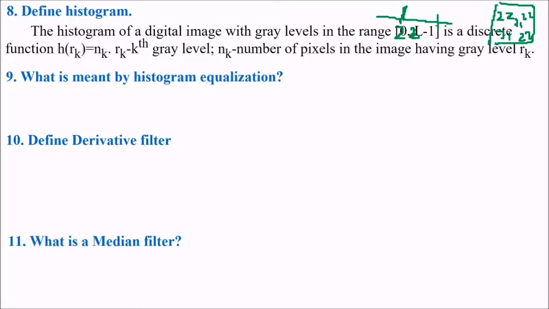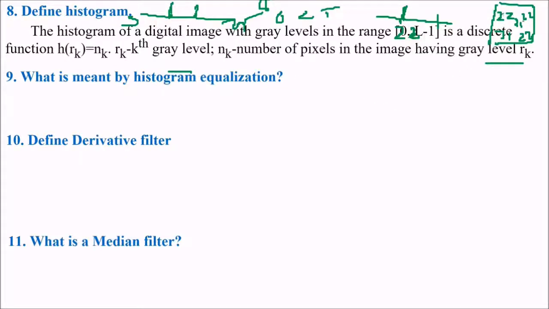So the histogram of a digital image with gray values in the range from 0 to L minus 1. That is, if an image is 8 bit, then the range will go from 0 to 255. So we'll draw a line from 0 to 255, and for how many pixels of a particular value there are, you will draw the frequency. So this is a discrete function of gray levels, where nk is the number of pixels in the image having gray level rk.